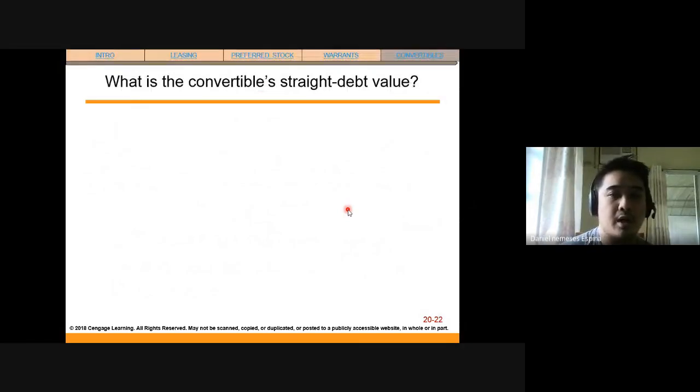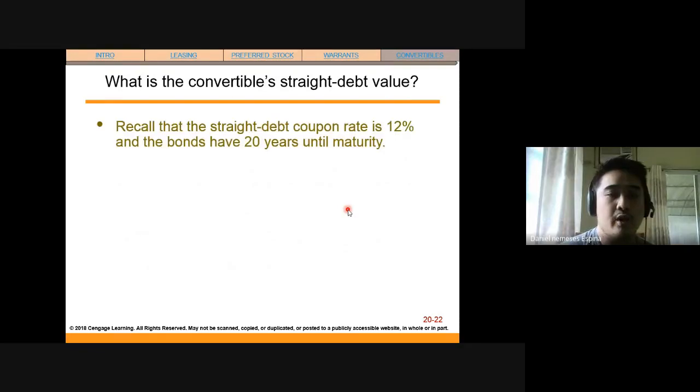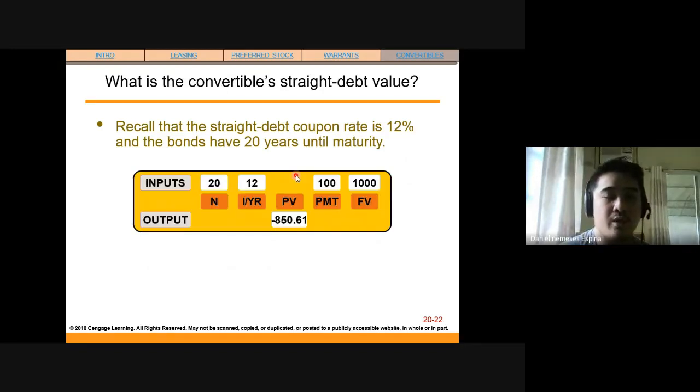So what is the convertible's straight debt value? If you recall, without warrants the coupon rate is 12%. Without the warrants, the value of those bonds would only be 850.61.